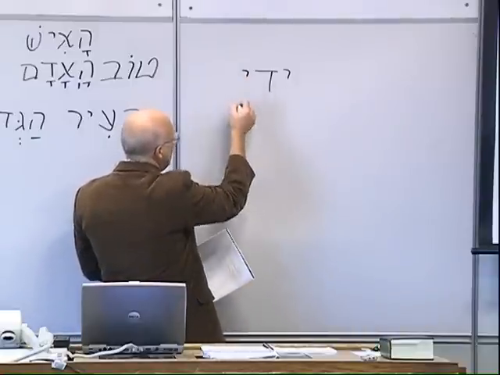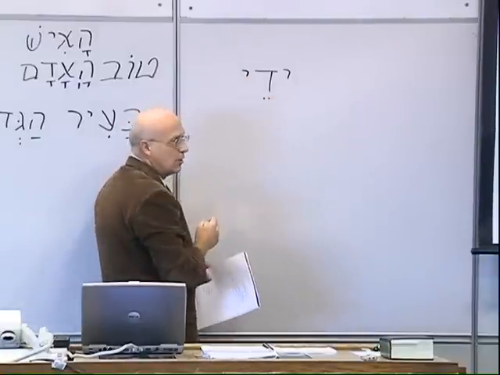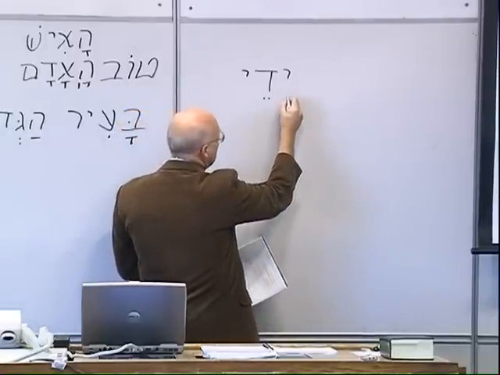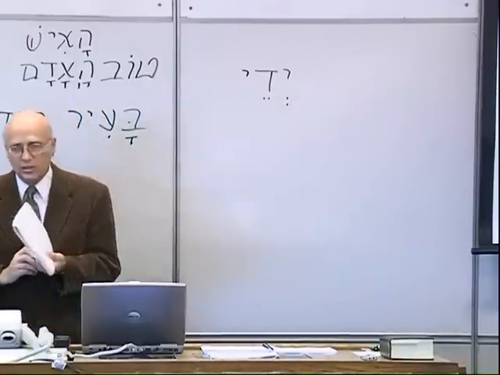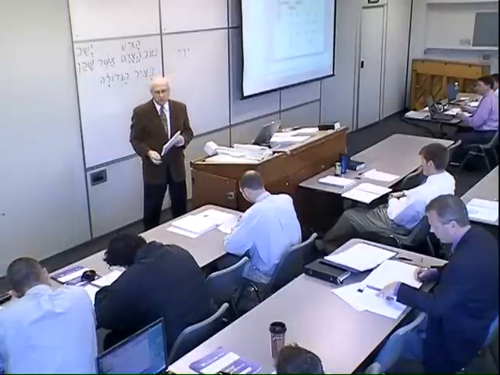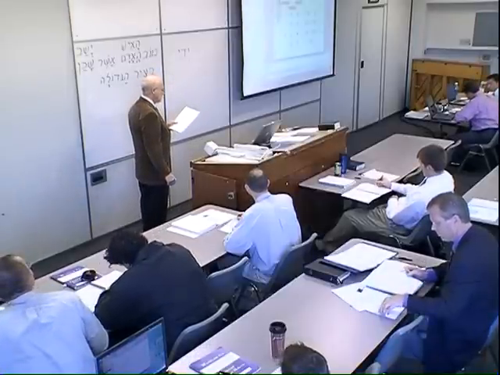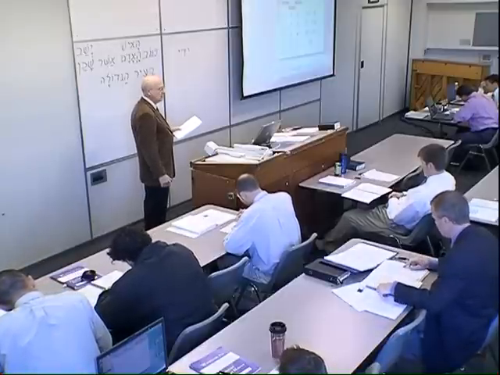We're going to take the mem off of that, and we know this is going to be a tsere yod because masculine plural is always tsere yod. And then, of course, this is reduced as short as possible, so it's a schwa. So yadei is the construct of yadayim. Okay? Yadayim is yadei.